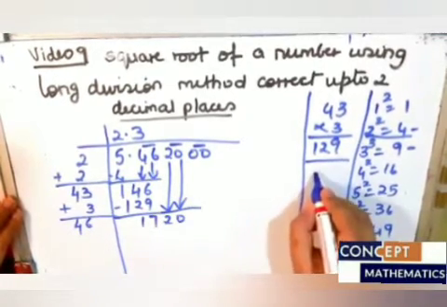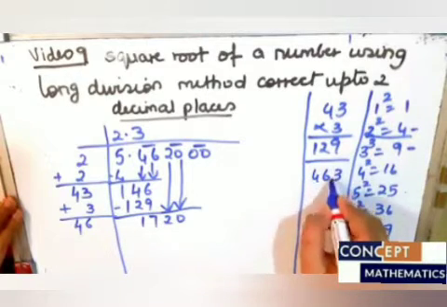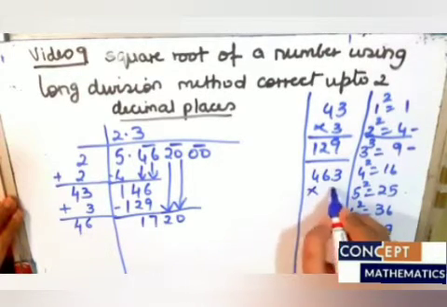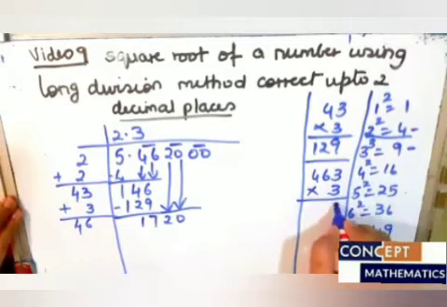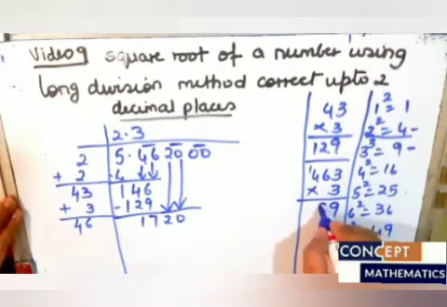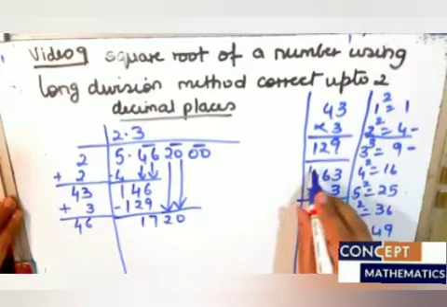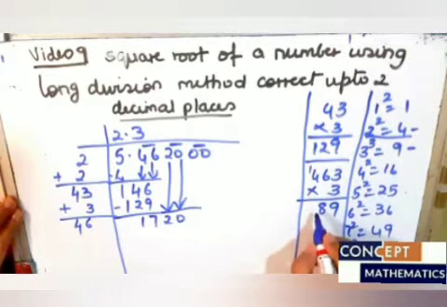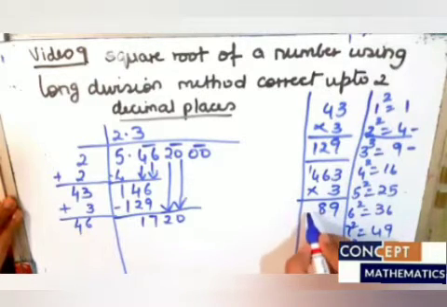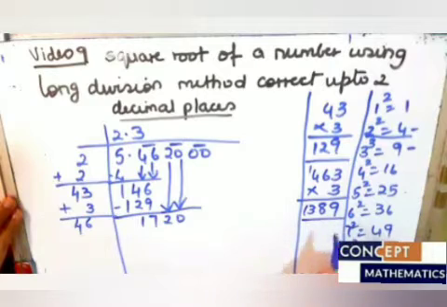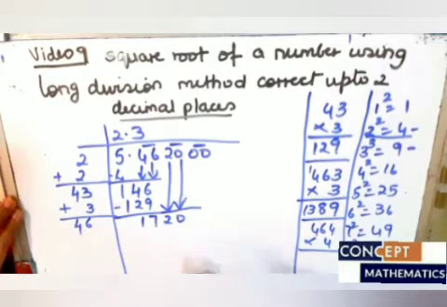So we can try 463 into 3. 3 3s are 9, 3 6s are 18, 3 4s are 12 and 1 is 13. So it is 1389. We can try 464 into 4 also, because still it is 1720.